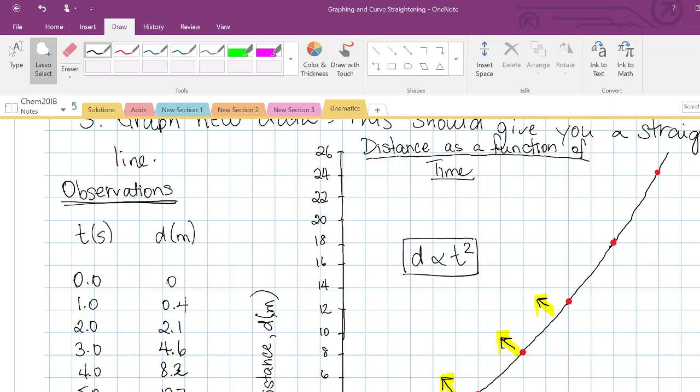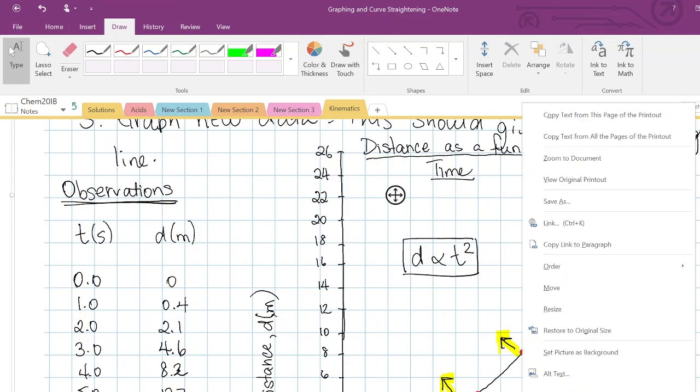So what I need to do with my data is, if I know that the proportionality statement is that distance is proportional to time squared, I'm going to manipulate this data here, my time data, by squaring each and every one of these values. So this would be my table 1. Okay, so now this is my observation.